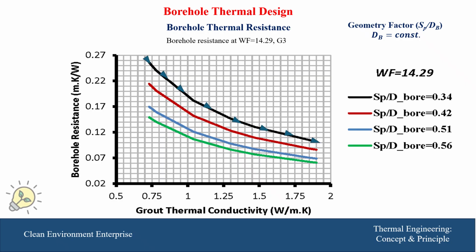In this figure, we may see that all these values, regardless of the geometry factor, behave in the same manner. We have a maximum at 0.73, and the minimum will arrive at the value of 1.9.